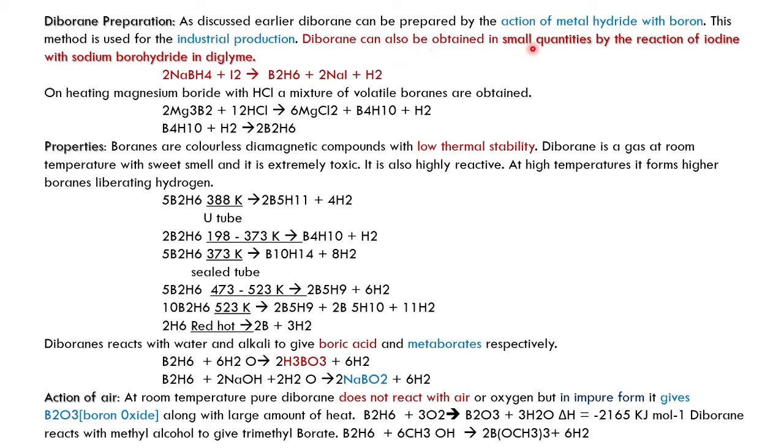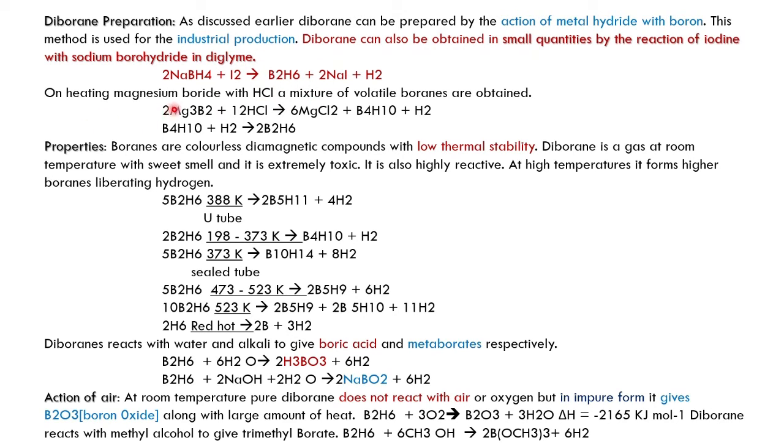Diborane can also be obtained in small quantities with iodine, that is, sodium borohydride in diglyme. So with iodine, a very small quantity of diborane can be obtained.